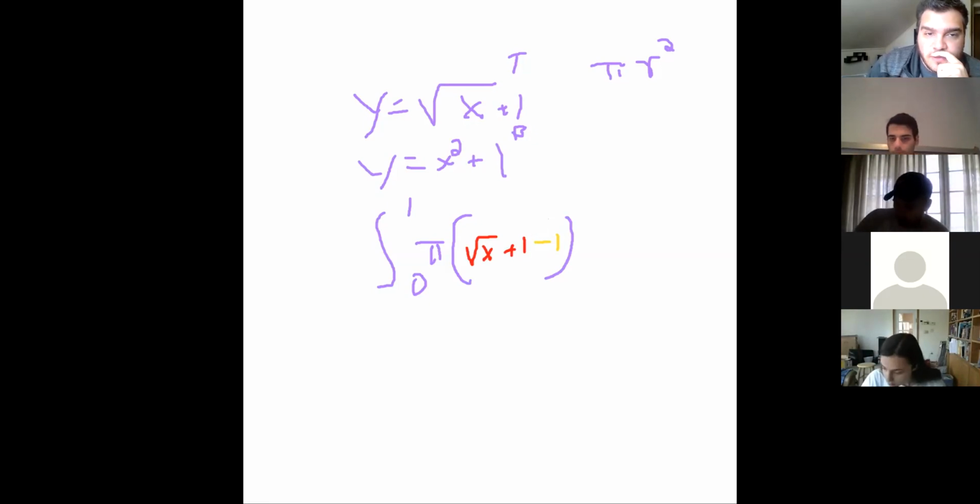So this yellow one is because the axis is at y equals -1. Then let's go to the next one. Now we're going to subtract the smaller one. Pi, parentheses. We're going to do now the bottom function, which is x squared plus 1.